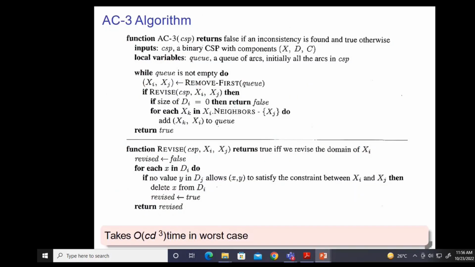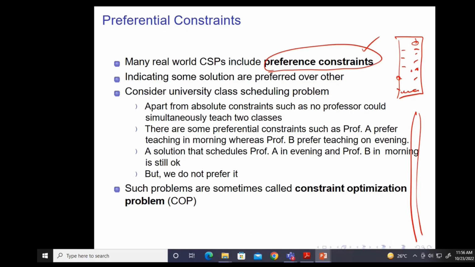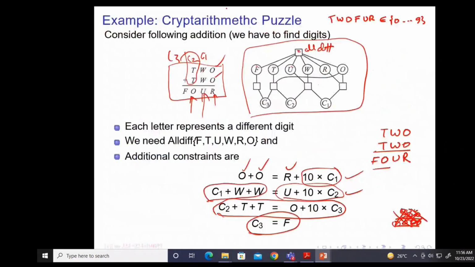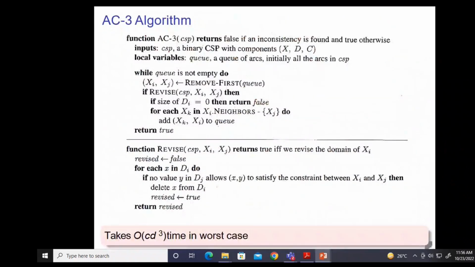So this is our arc consistency algorithm that tries to solve this particular problem. And again, this is not a very difficult thing to know. We are only going to utilize this constraint propagation. And what does this algorithm say? You take the first item and then revise, meaning for all other items you remove those values.